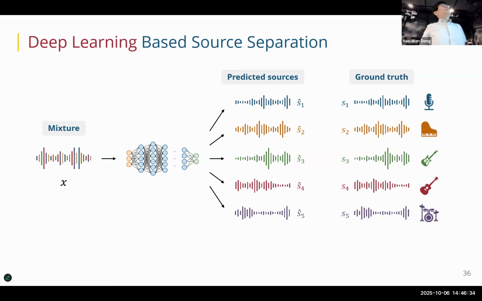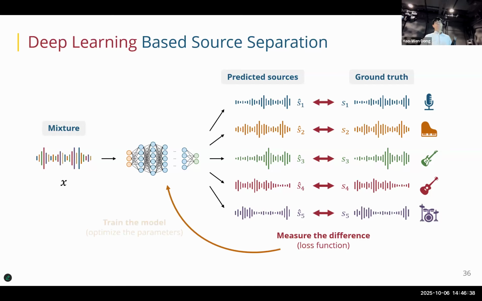So again, you have to measure the difference, and then you train the model. But can you guess what would be the key difference between these two? We sort of mentioned it last time. What would be the issue when you work on waveform and you want to measure the difference?